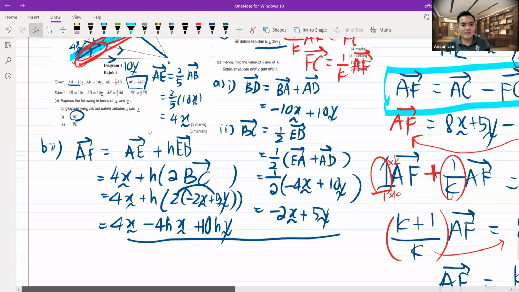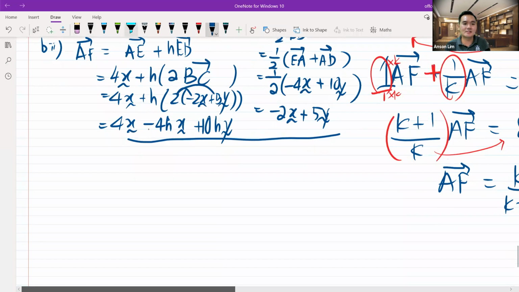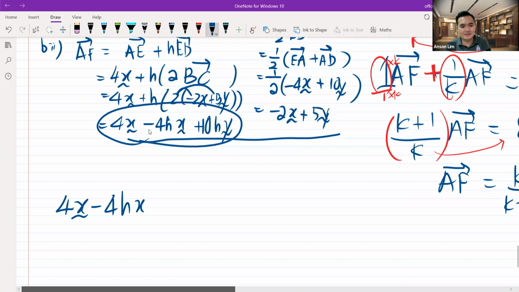To find H and K, you use the comparison method. Just now your friend said one, right? This is AF. I connect them together. This is what you found just now, right?